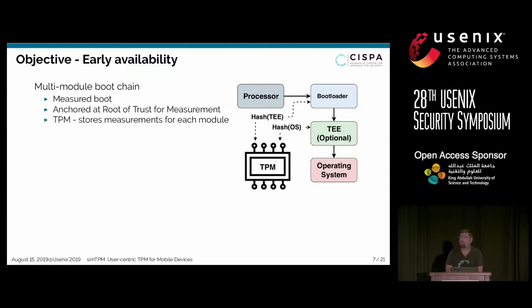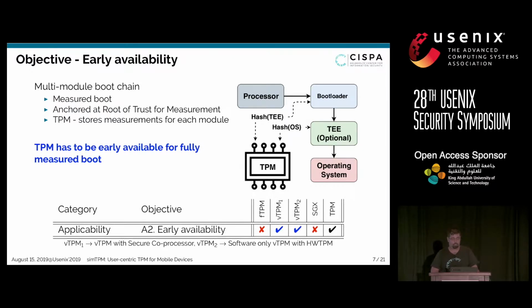In a multi-module boot chain with measured boot, each component measures the next component in the chain, stores the measurement inside the TPM, and then transfers control to the next component. To have measured boot from the beginning of the boot chain, a TPM has to be available early. In our systematization, we find that both SGX and fTPM do not support this objective.